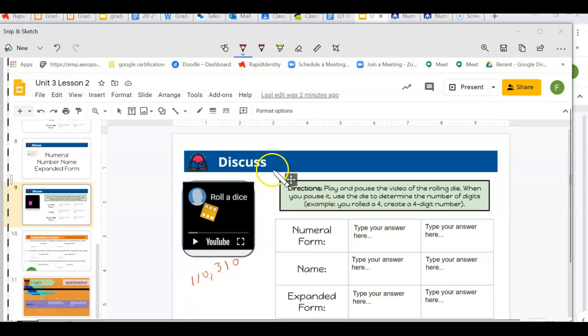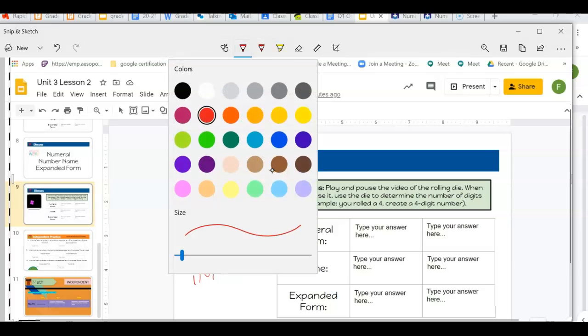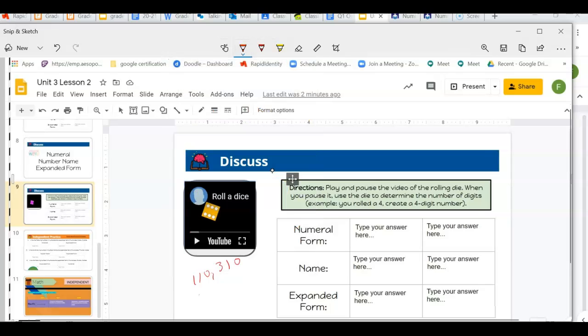So the number that I picked, I said that for 6 digits, 110,310. So 110,310 is the number that I picked. So you may roll a 3-digit number, you may come up on a 4 with just a 4-digit number. So the digits are about what place value you need to stop at.